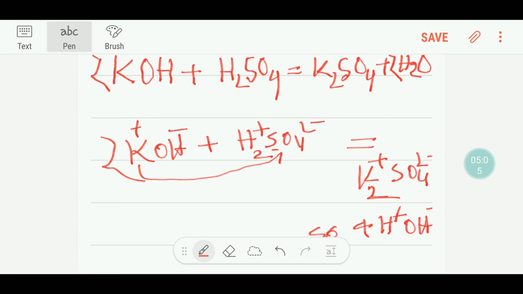Which is 2 already. So here we have 2 ways, so I will put here 2, right? And already this equation is balanced, right? This 2 is the part of the formula, right? So this is the balanced reaction.